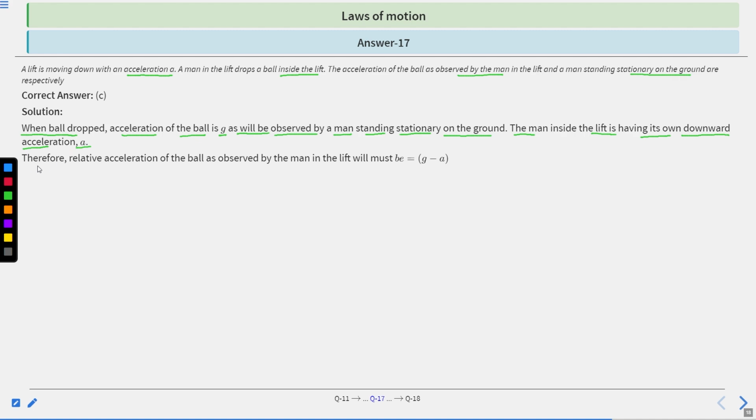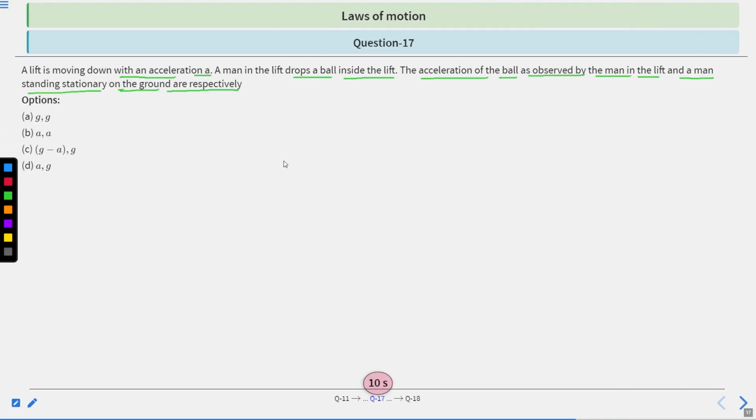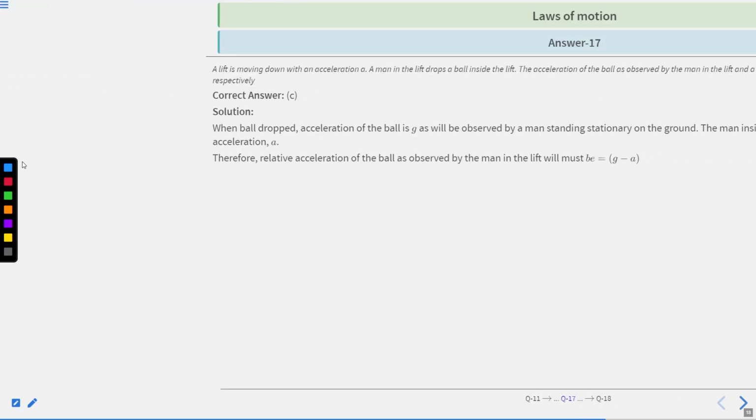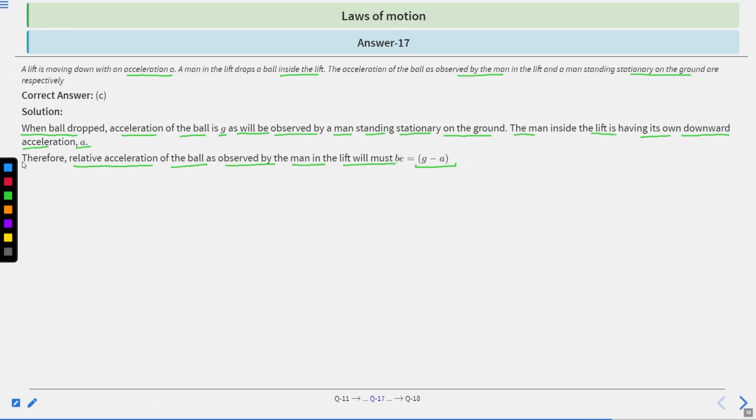Therefore, the relative acceleration of the ball as observed by the man in the lift must be equal to g minus a. So the correct answer is C. It's g minus a. Next question.